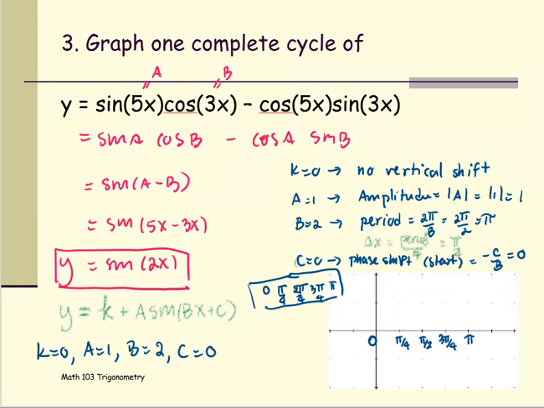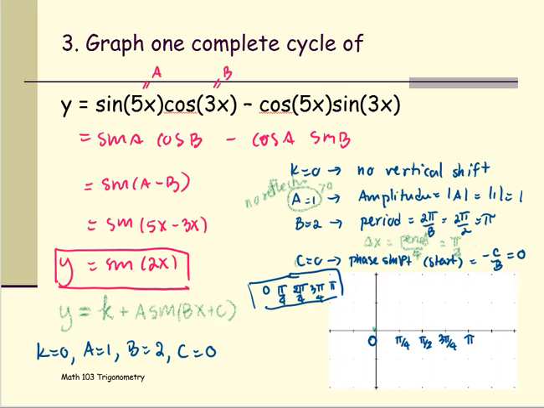Since the a value is a positive number, that means no reflection. The typical sine graph starts from 0 and then goes up to the max, back to 0, to the minimum, and back to 0.